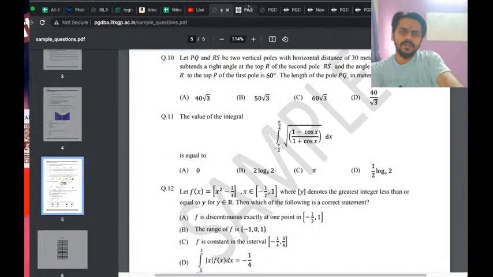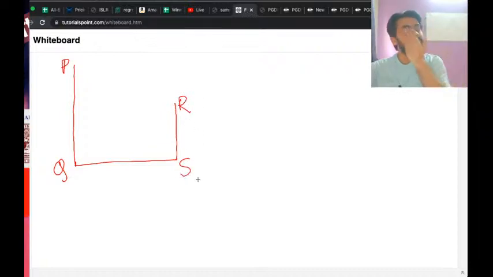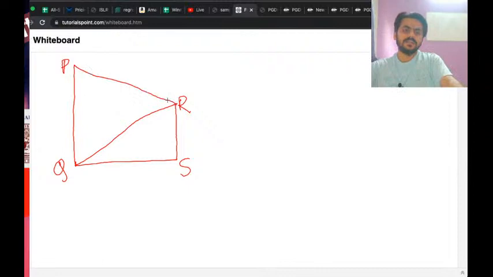RS is the top. This is your RS. Now PQ subtends 90 degrees at R, which means that this angle is 90 degrees. I know this does not look like 90 degrees, but bear with me.